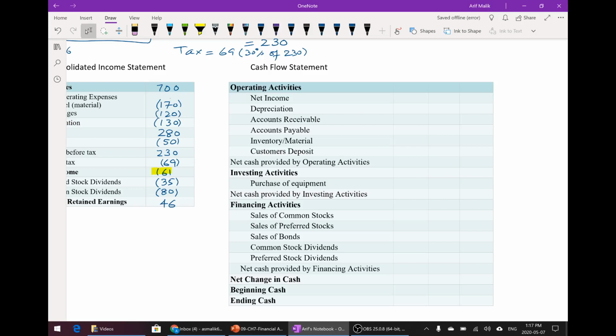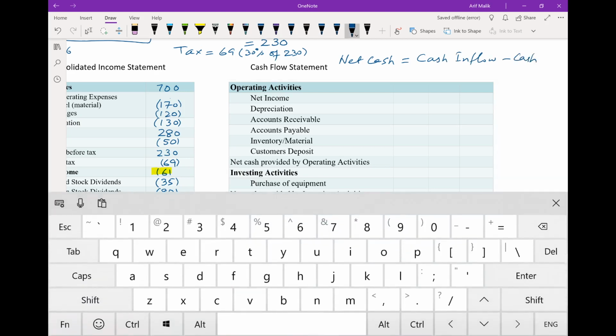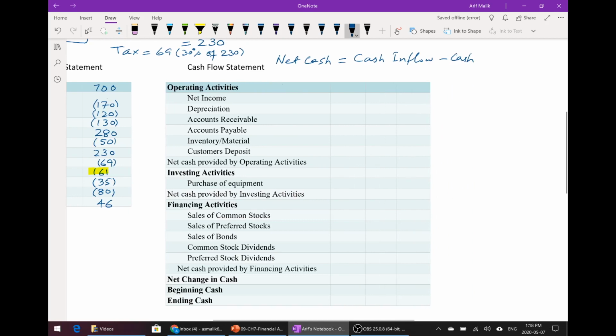So next we move on to the cash flow statement. The cash flow statement is a simple equation: net cash is equal to cash inflow minus cash outflow, or the sources of cash minus the application or uses of cash.